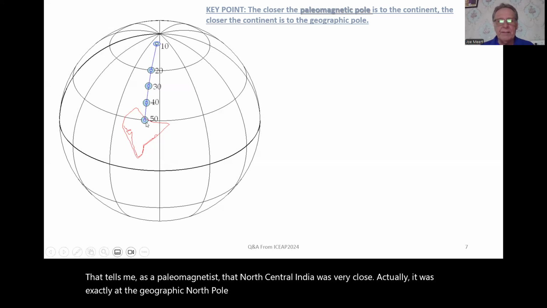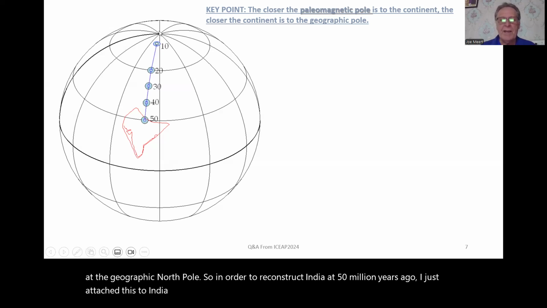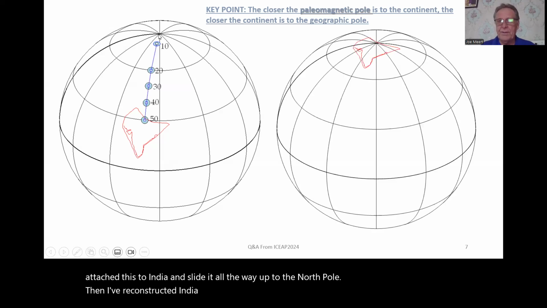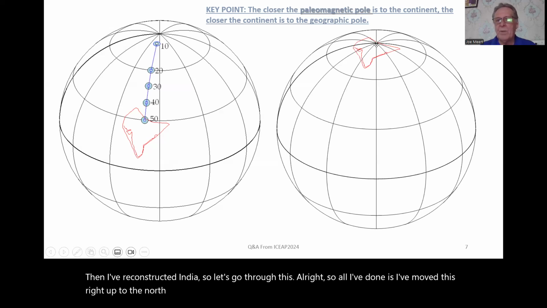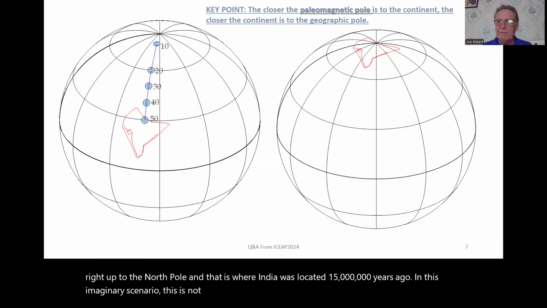So in order to reconstruct India at 50 million years ago, I just attach this to India and slide it all the way up to the North Pole, and then I've reconstructed India. So let's go through this. All right. So all I've done is I've moved this right up to the North Pole, and that is where India was located 50 million years ago in this imaginary scenario. This is not really where India was 50 million years ago. This is illustrative to show you.